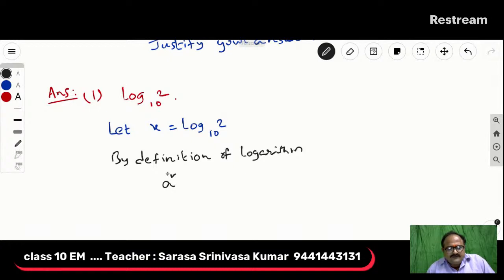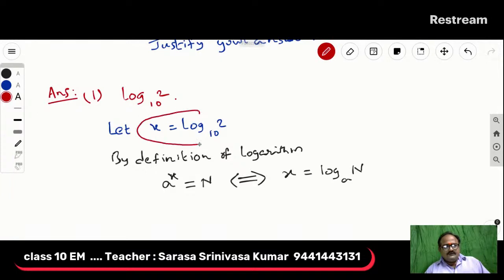a to the power of x equal to n implies and is implied by x equal to log n to the base a. This is the definition of logarithm. First, we have considered log 2 base 10 and it is taken as x.